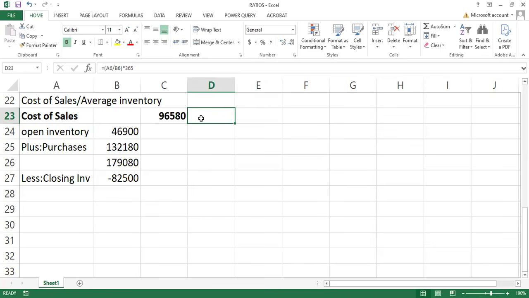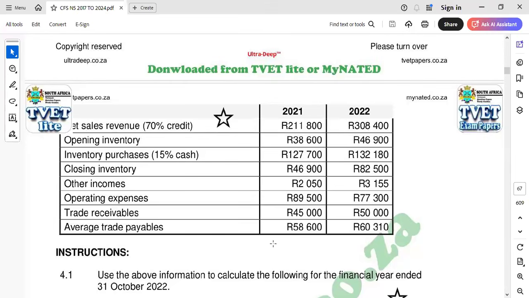So we are going to say divide, opening bracket, it will be the opening balance of the inventory, which is 46, is this one.